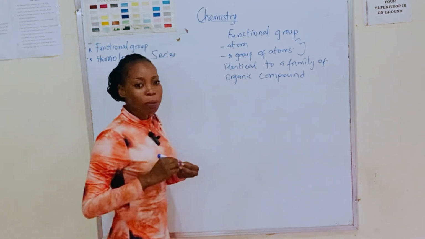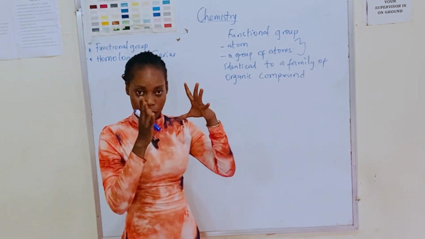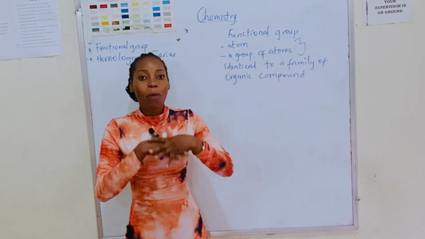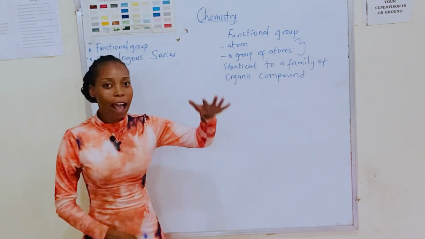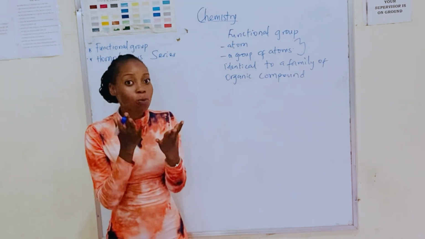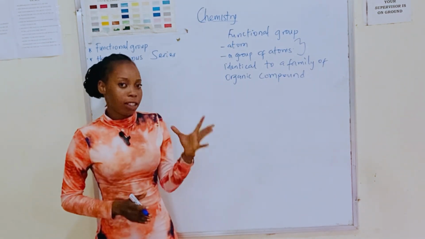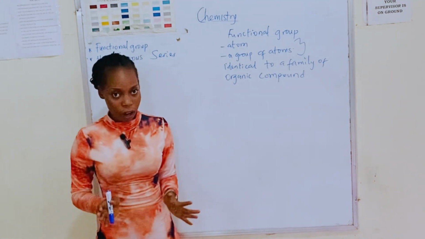A functional group is that thing that you will see, that identity for a particular family of organic compounds. We have different families of organic compounds. We have alkanes, alkenes, alkynes, and a lot of them. That particular thing that all of them have in common is the functional group.